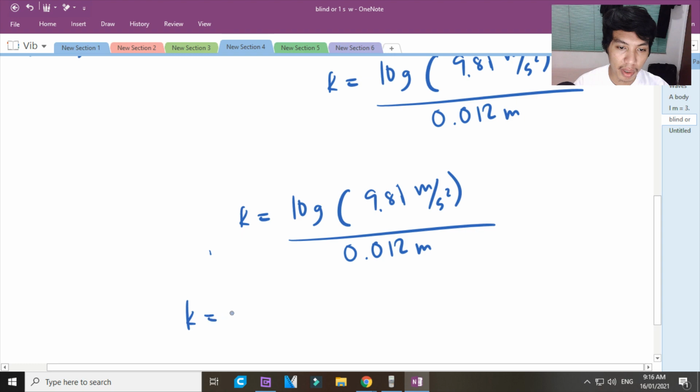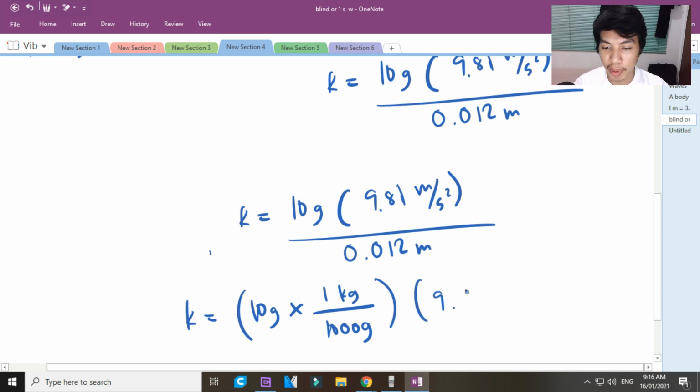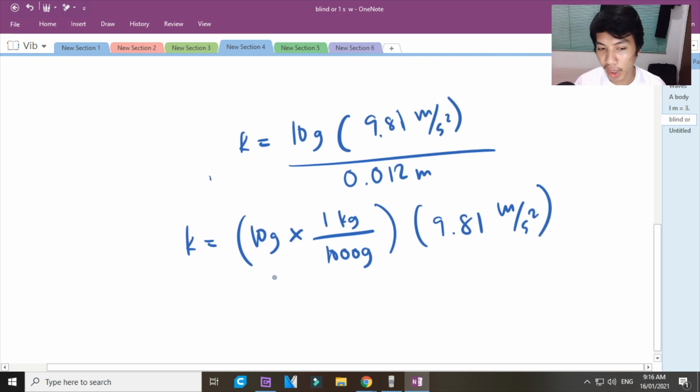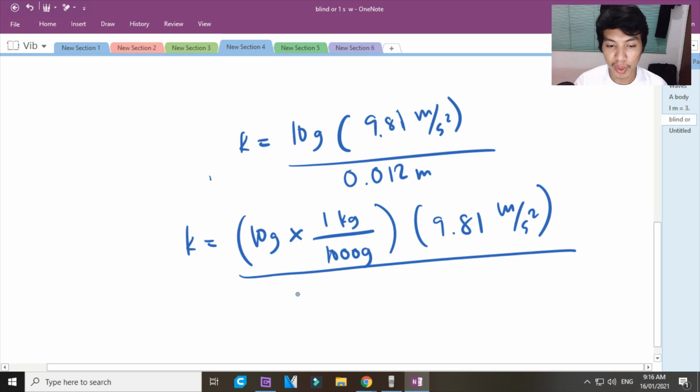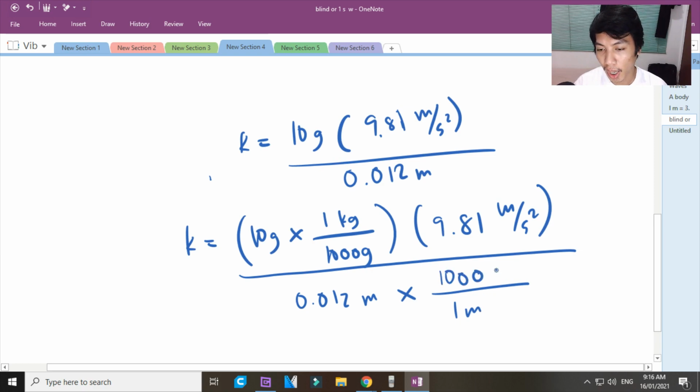So, K will be equal to 10 grams multiplied by 1 kilogram over 1,000 grams multiplied by 9.81 meter per second squared. Tapos, ito dapat gawin mo na lang millimeter. Okay? So, 0.012 meters times 1 meter, 1,000 mm. So, cancel natin yung 1,000 dito.